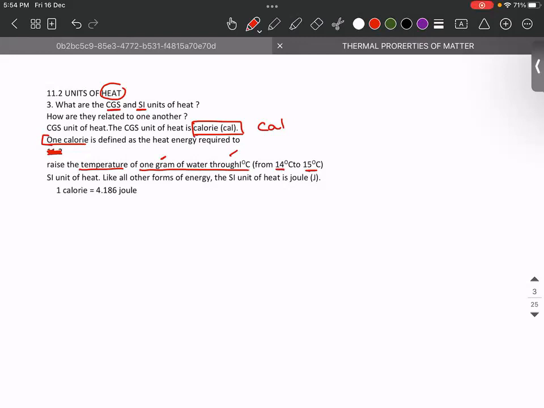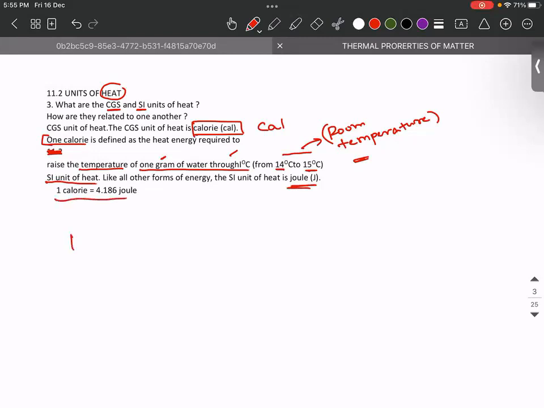The reason why they took this 14 to 15 degrees Celsius is because a few years back, they were assuming that this is the room temperature. Now, what is going to be the SI unit of heat? Obviously, when you're saying heat is a form of energy, it is going to be measured in joule.